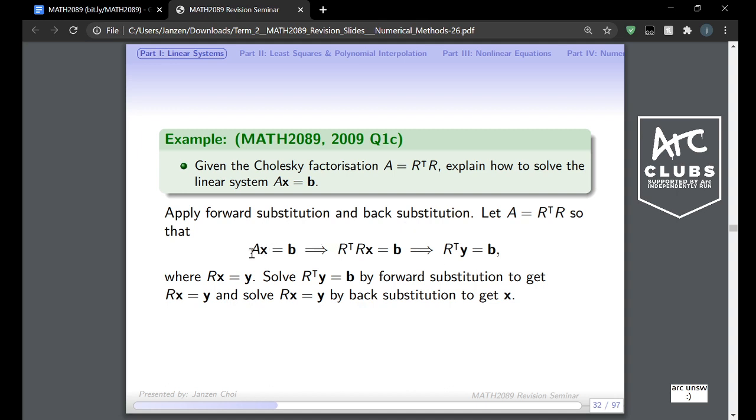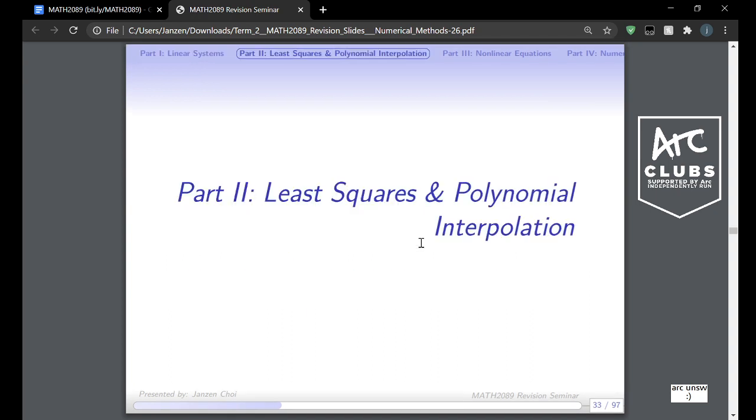So we basically just replace A with R transpose R, and we substitute Rx with a vector Y. So we solve this equation for Y, and then we solve Rx is equal to Y, and we do that through forward and backward substitution respectively. They asked for a qualitative explanation, so we don't really need to use maths here.